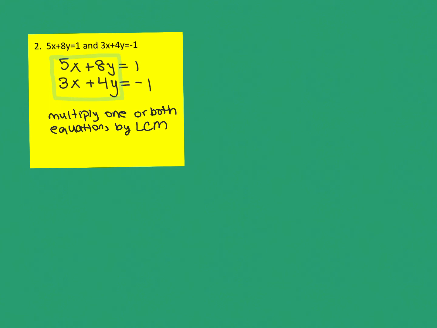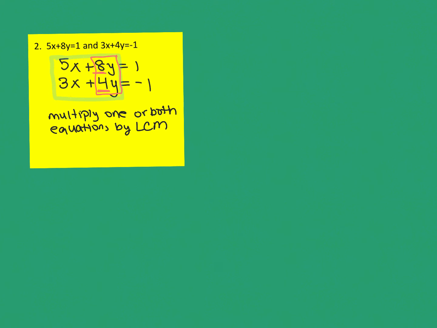So 5 and 3 on my x's, not the greatest, workable. I could make them both 15 and 15. But if I look at my y's, I have an 8 and a 4. Those are common terms, okay? They work with each other on their multiplication tables.